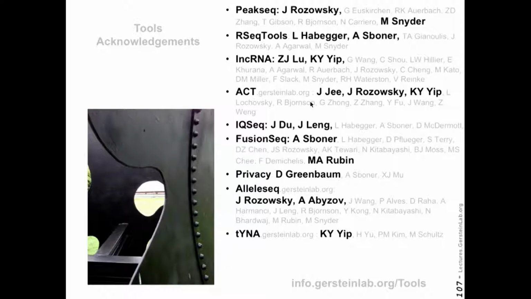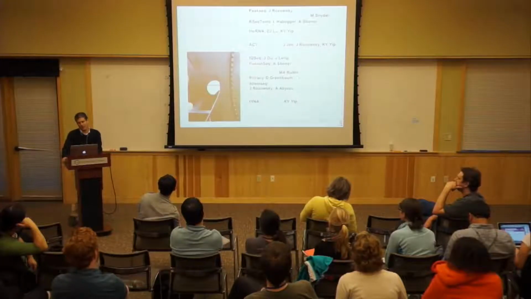Andrea also developed the FusionSeq tool with Mark Rubin at Cornell, and the AlleleSeq tool and so forth has really been spearheaded by Joe Rozovsky and Alexej Abyzov. And the networks tool, TYNA, was spearheaded by Kevin Yip, who used to be a student, now he's a professor in Hong Kong. And with that, I'll thank you for your attention.